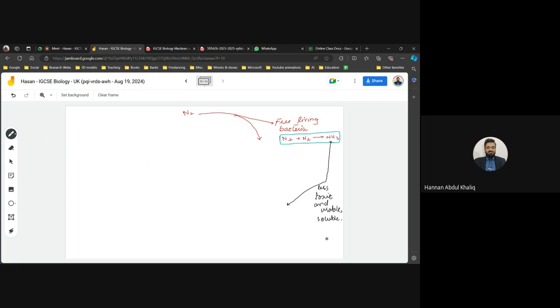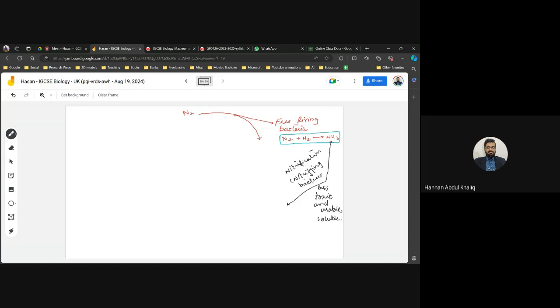Why do we need it to be soluble? I'll tell you that. Obviously, you already know about it. Ammonia is converted by a process called nitrification, and this process is done by nitrifying bacteria.